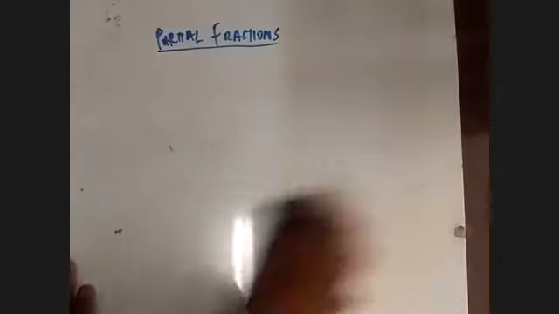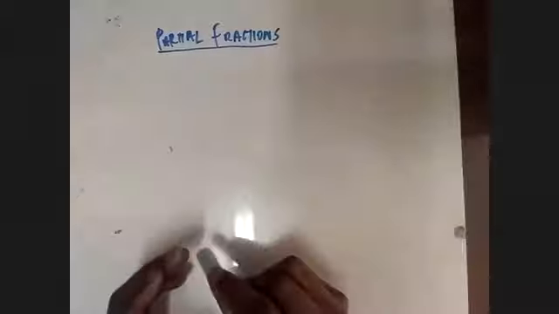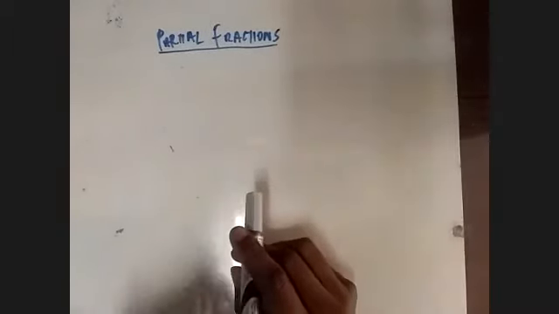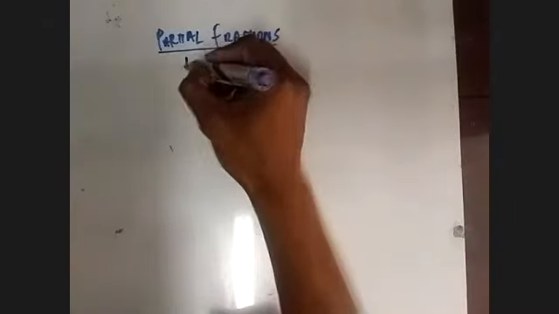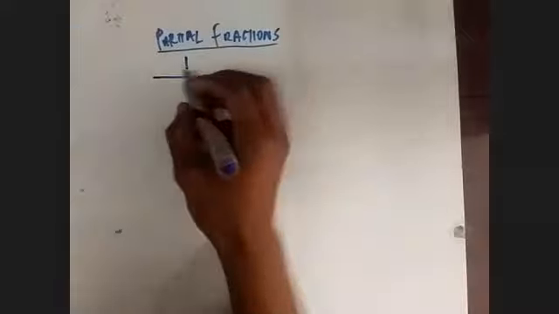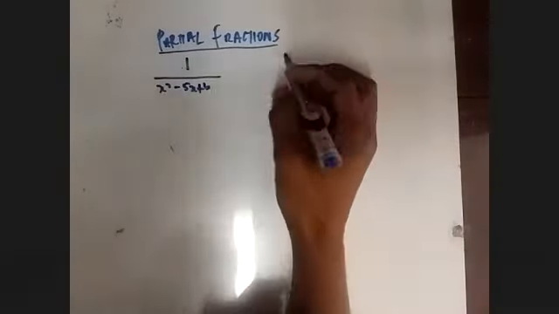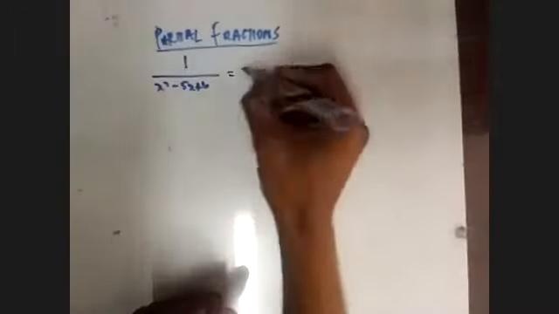I don't want you guys to complain tomorrow and say we didn't understand number 14. So this time, I want you to determine the values of A and B. My example is given 1 all over x squared minus 5x plus 6. Write this in the decomposed form.